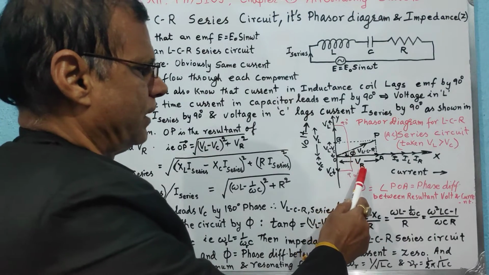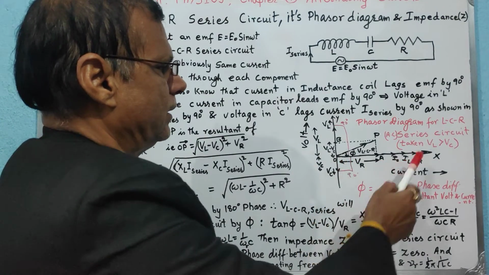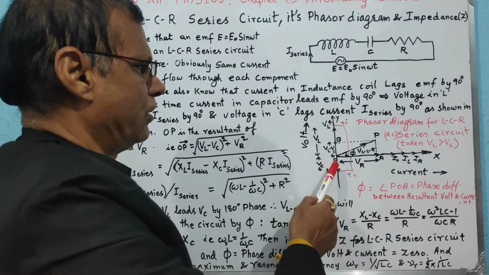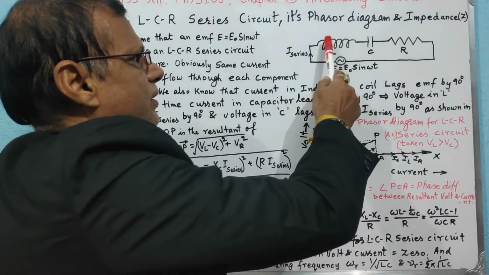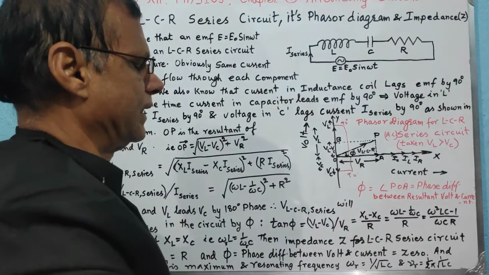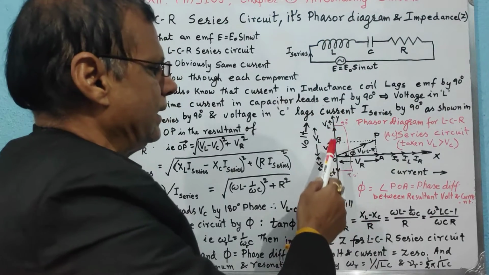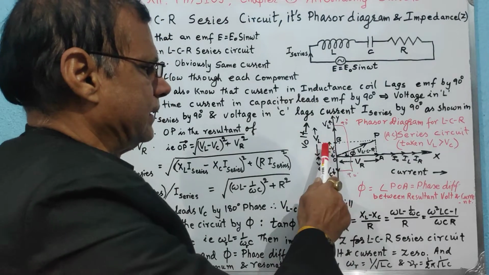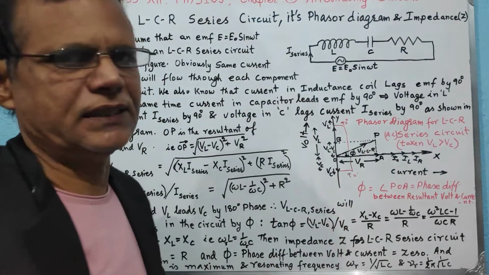So the potential drop across resistance is represented along the positive x-axis, and the potential drop across inductance and capacitance taken together is represented along the positive y-axis by a magnitude VL minus Vc.